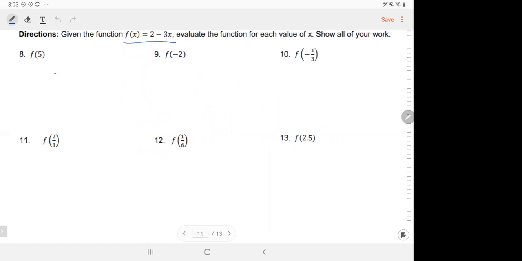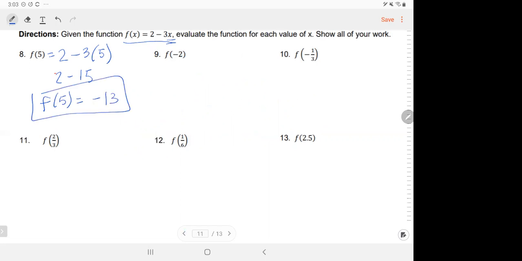So let's go back and try number 1. We have f of 5. So this is f of 5 is equal to 2 minus 3 times 5, because I'm just plugging in for our x. So then I have 2 minus 15, or f of 5 equals negative 13.